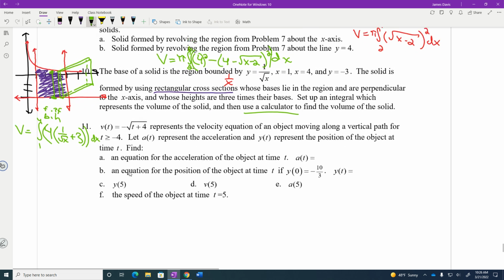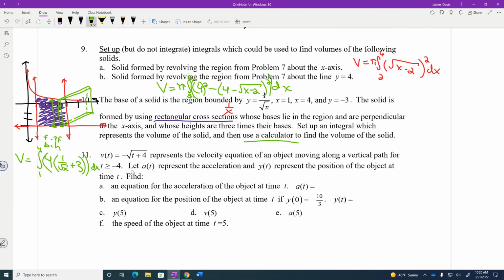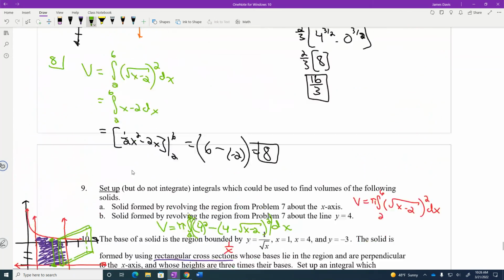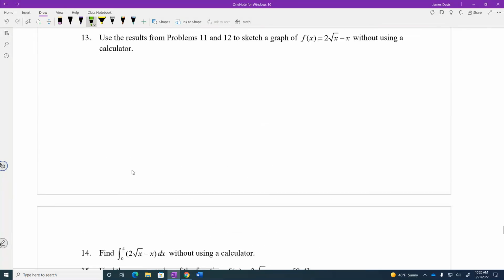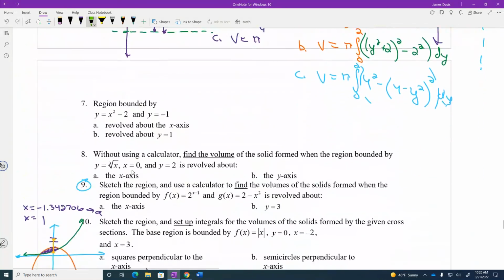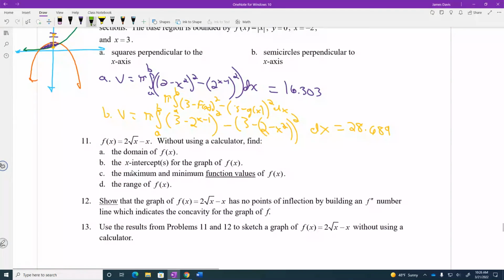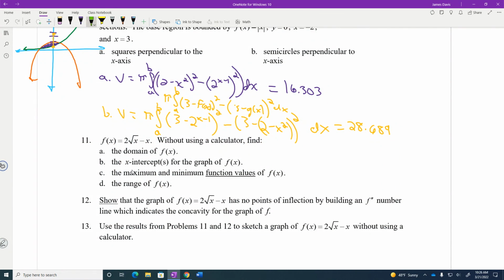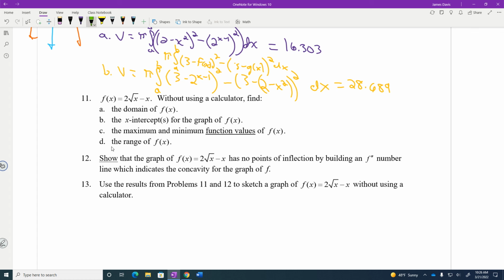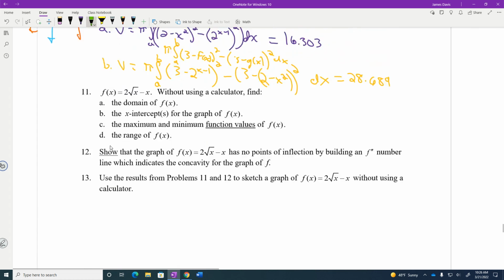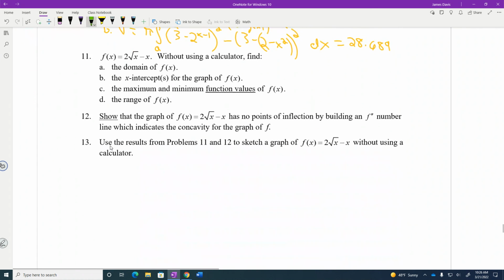Just so you're still doing some practice, what I'd like you to do tonight is actually go back to the previous section, so the 8.4 assignment, and we're going to do some of these extra ones that we have here. So let's do, we did up through 10, right?